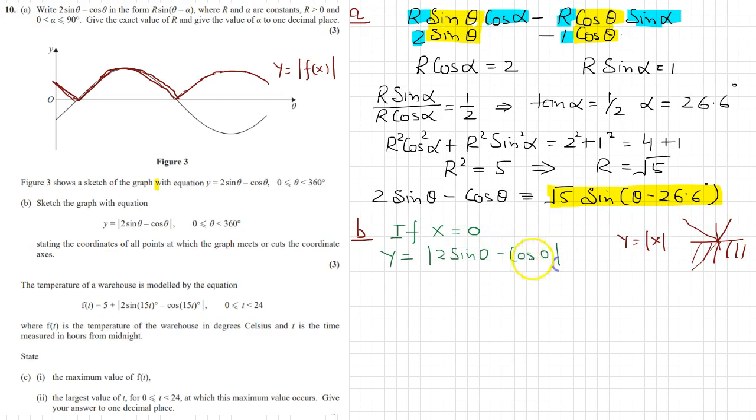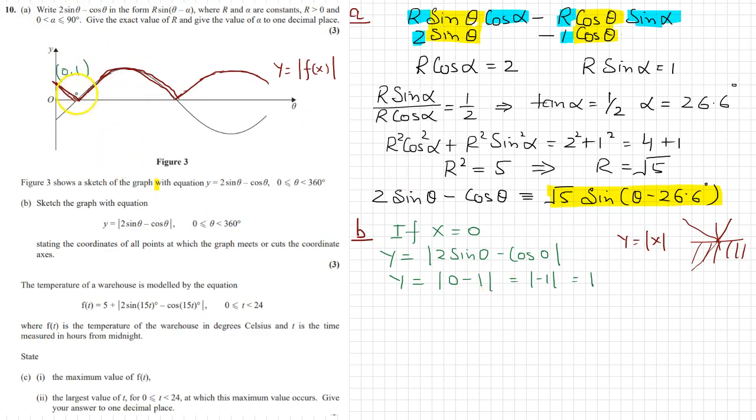We put 0 as the value. So y will be sin 0 is 0, 2 multiply 0 is 0, minus cos 0 is 1. So this is minus 1, that is 1. This point. This is 0 and 1.